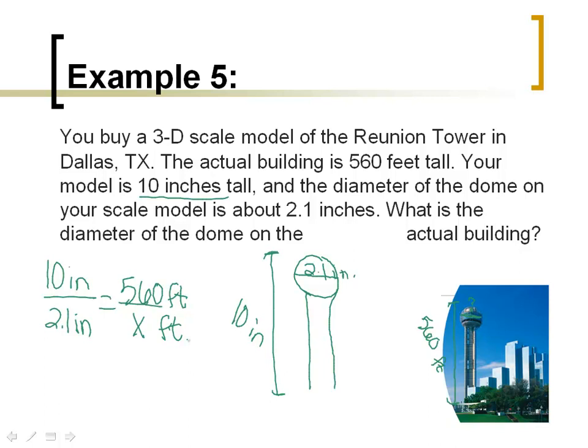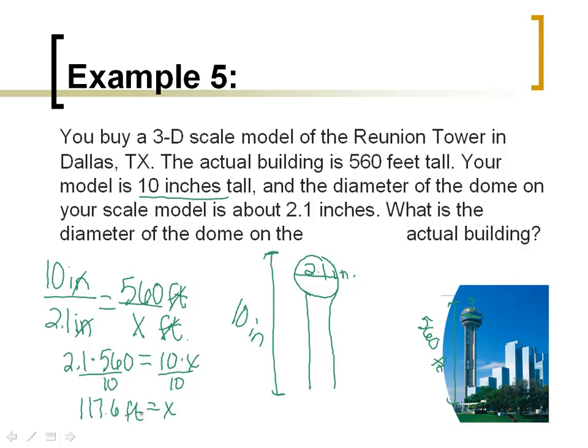So let's solve this. We've got inches over inches, so those aren't going to cancel out. And we got feet over feet, so those will cancel out as well. We're going to use our cross products property here. So 2.1 times 560 equals 10 times x. If I divide both sides by 10 here, put that in your calculator. 2.1 times 560 divided by 10, you'll get 117.6 feet.